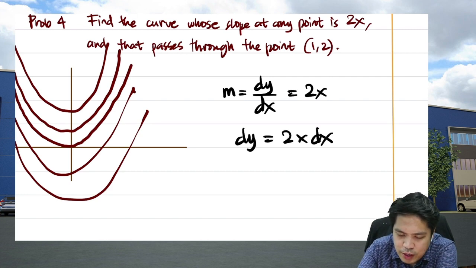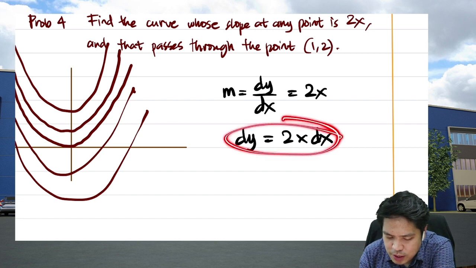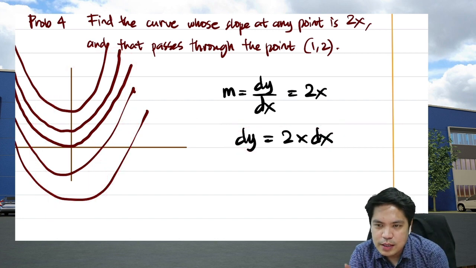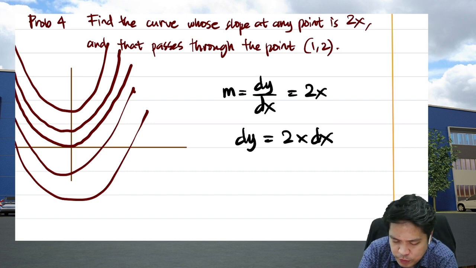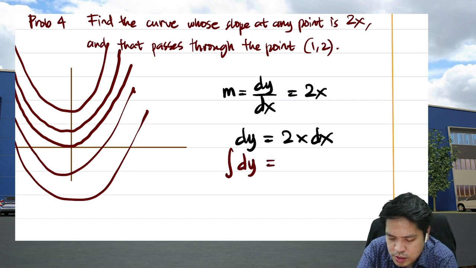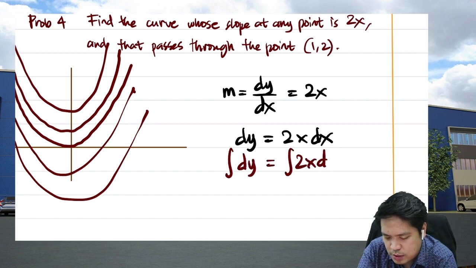And if I take the integral of both sides, okay, so what I mean is this now describes all this. So if I take the integral of both sides, that would be the integral of dy equal to the integral of 2x dx.